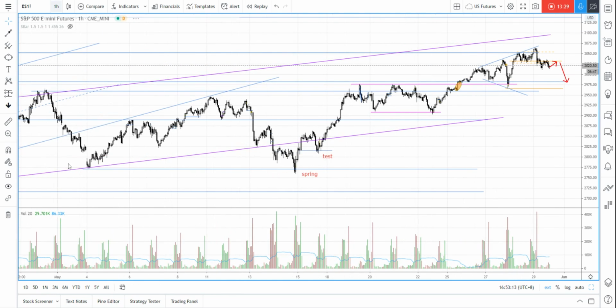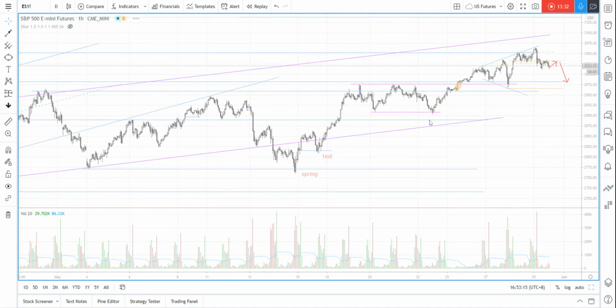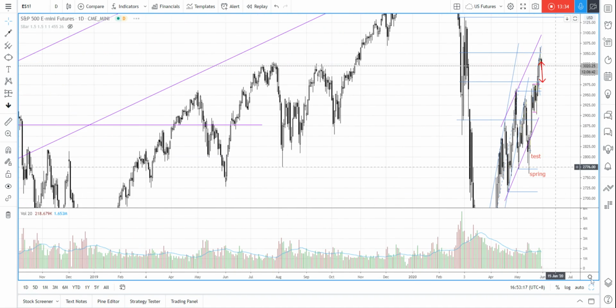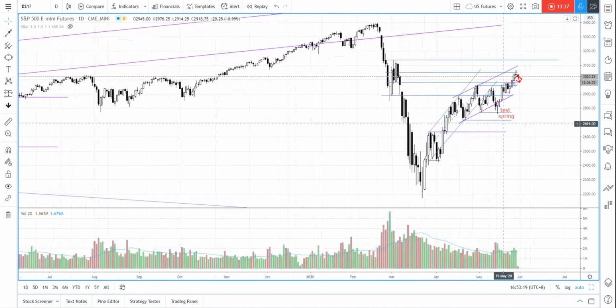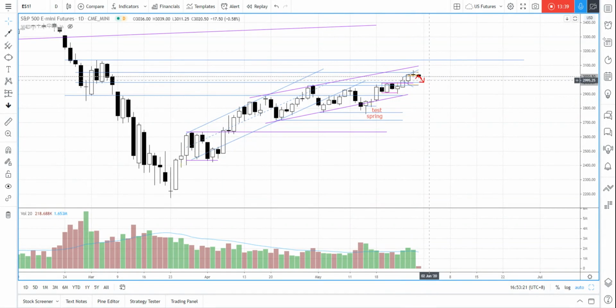For the swing levels, I think everything is still pretty much the same. We are still in an uptrend, and I look forward to more rally up after a test of this bar, so you can move up to seek higher targets. So potential setups, key levels, and bias are covered. I think this is the end of the video.